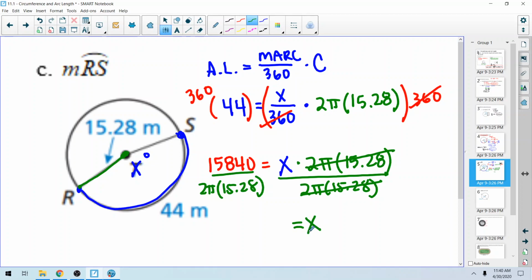Then on the other side, again, make sure you use Control Divide. 15,840, and then on the bottom, 2 pi times 15.28, and you should get 164.99 if you're rounding. And then x, remember, is your central angle, so degrees. That's what we were solving for.